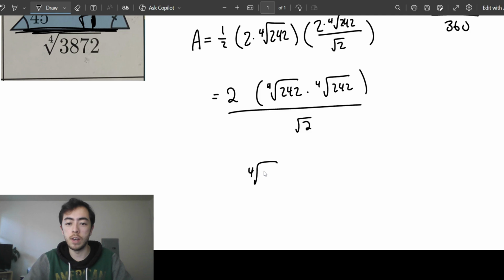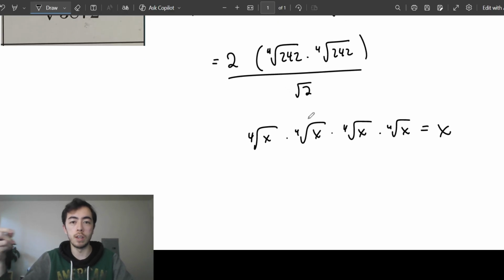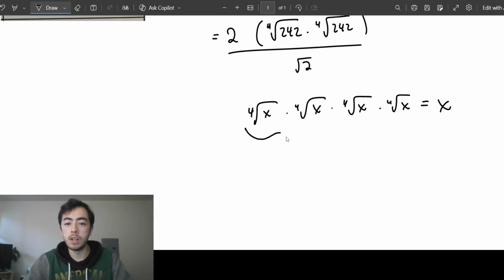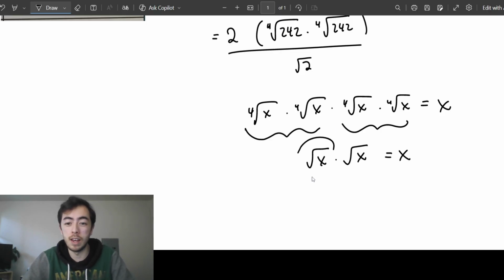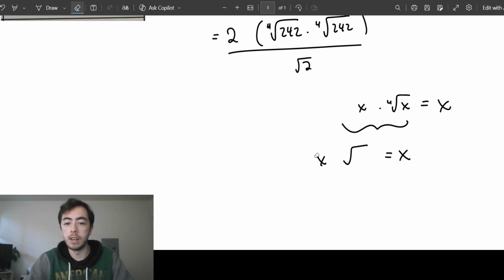The idea is that if you have a fourth root of something, just by definition, it means that you can multiply 4 of them to get the thing underneath the root sign. However, if we combine this and this, I know that it's just the same thing as a square root times a square root. Again, just by definition of square roots, that if we take a square root and multiply it once over, we get the thing underneath that square root sign. So I can simplify that numerator quite a bit, actually.